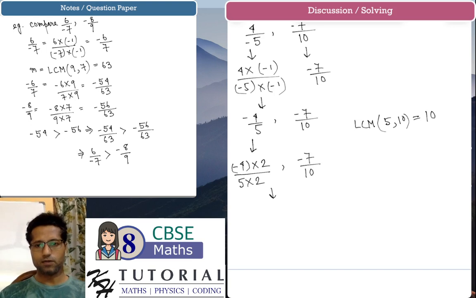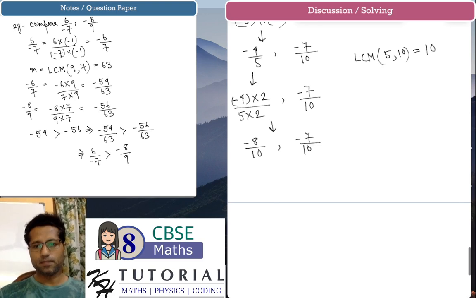So now what are the two rational numbers that I have to compare? It is minus 8 by 10 and minus 7 by 10, and I clearly see that minus 8 is less than minus 7.